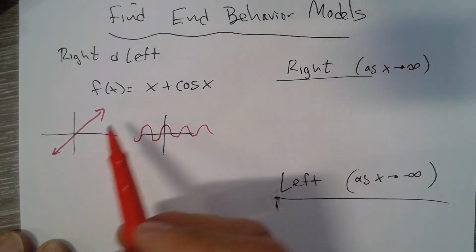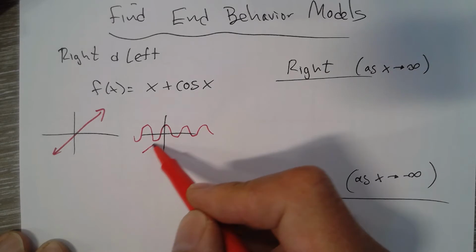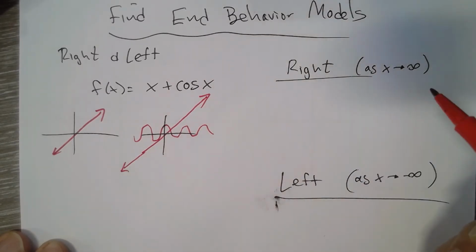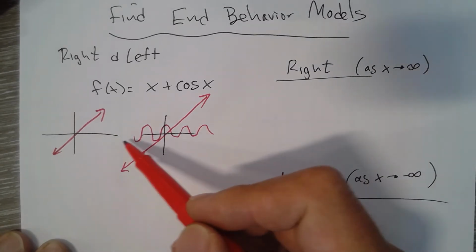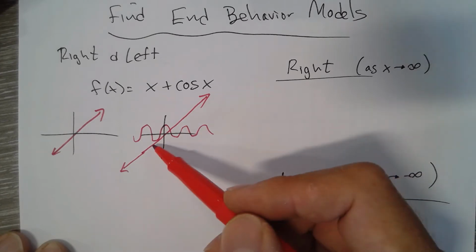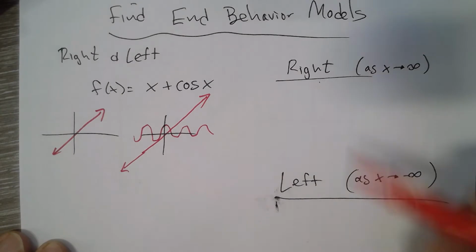So you could think of it as which goes farther away from the x-axis to the right and to the left. Well, it's clear that x is going to be the right end behavior model and the left end behavior model. So we know our answer. It's x and x.